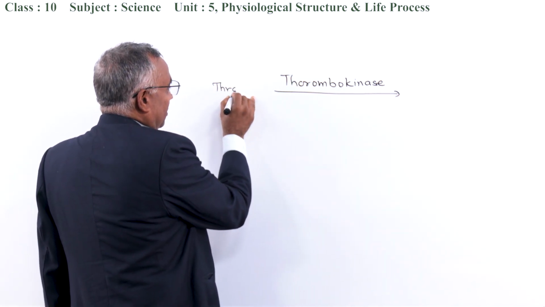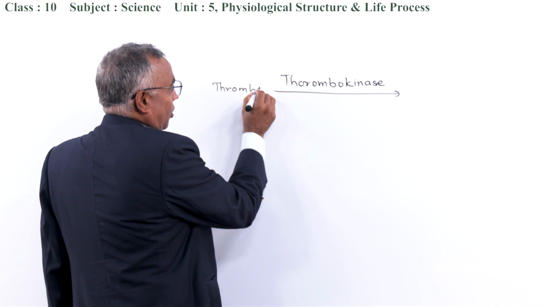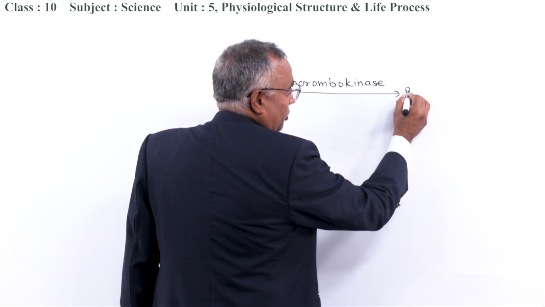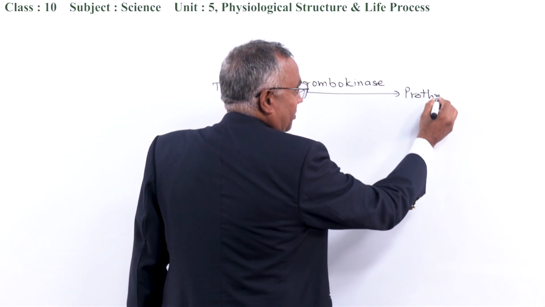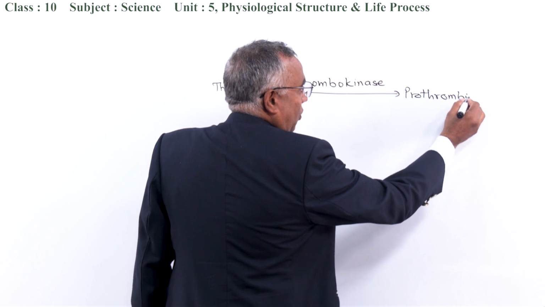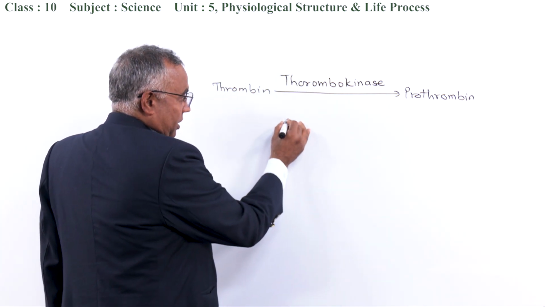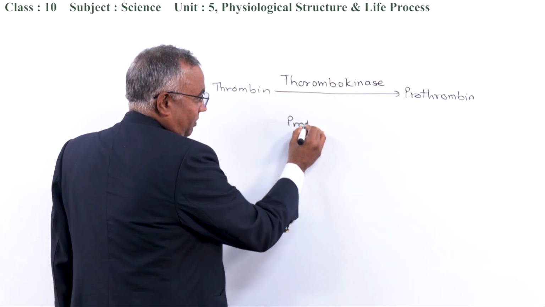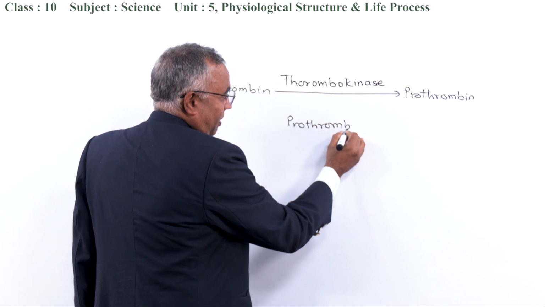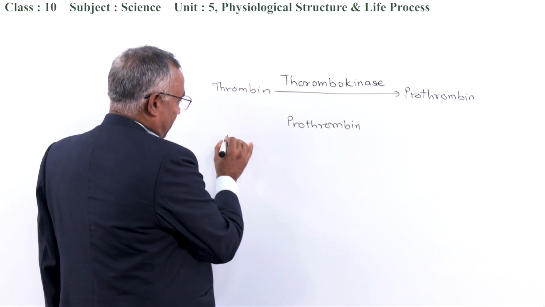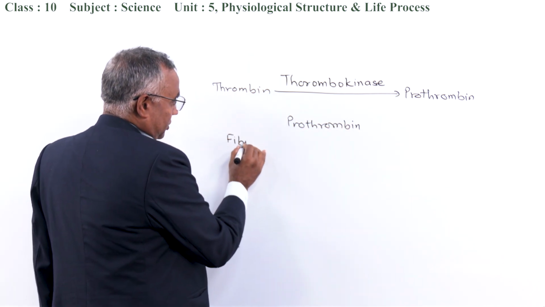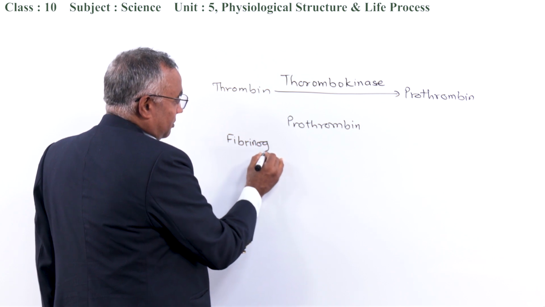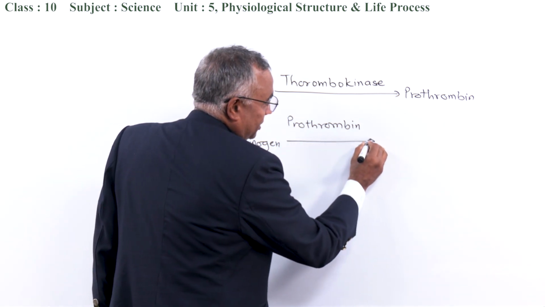Thrombin is found in thrombocytes. Then this thrombin changes fibrinogen. Fibrinogen is found in plasma, we did it. It changes into fibrin.